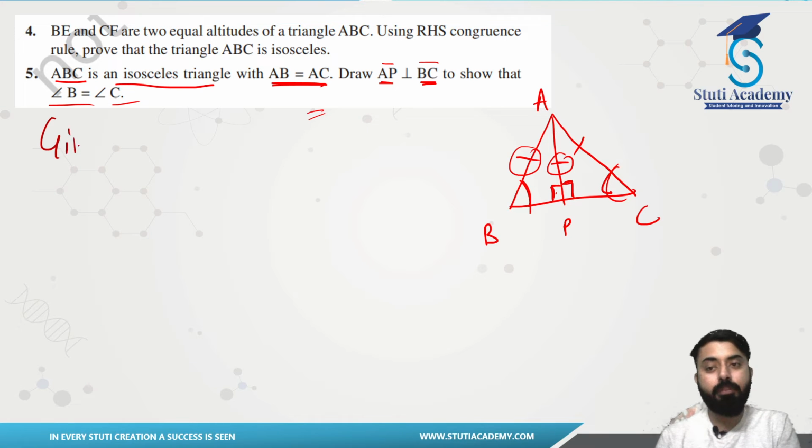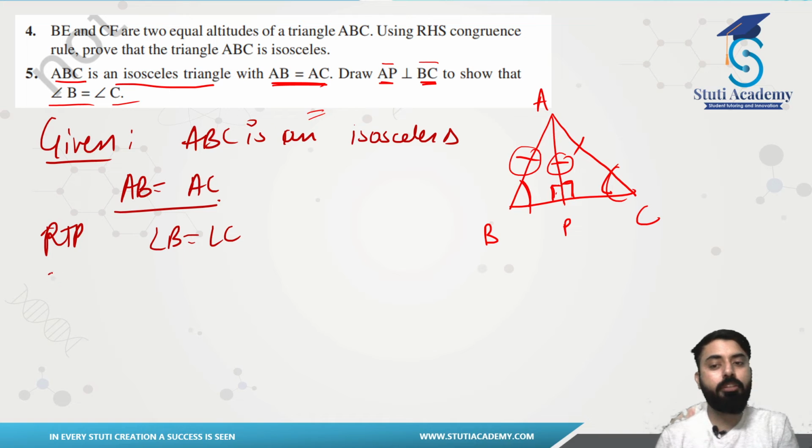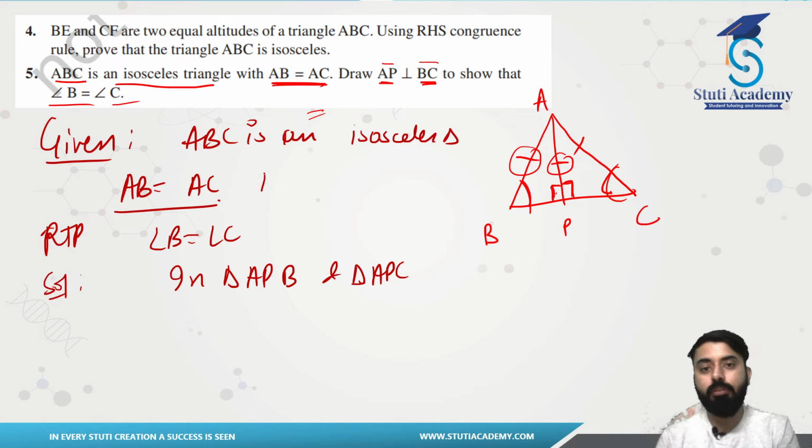So what has been given? Given: ABC is an isosceles triangle. So can I say this? AB is equal to AC, right? If this is the case, then required to prove: angle B is equal to angle C. Now let's take the solution. In triangle APB and triangle APC, AP is perpendicular to BC.